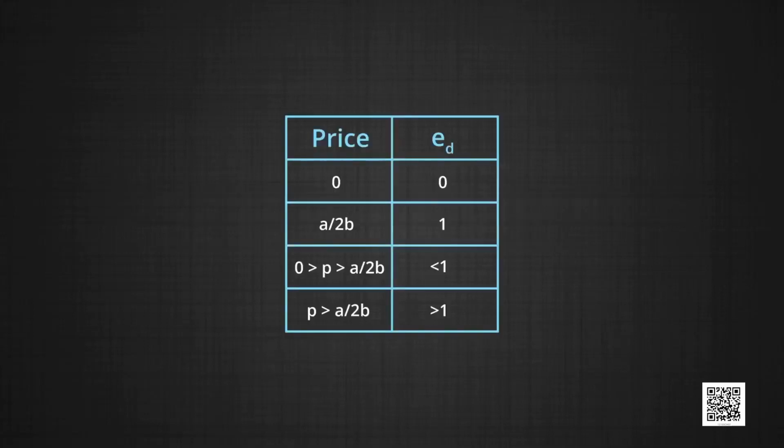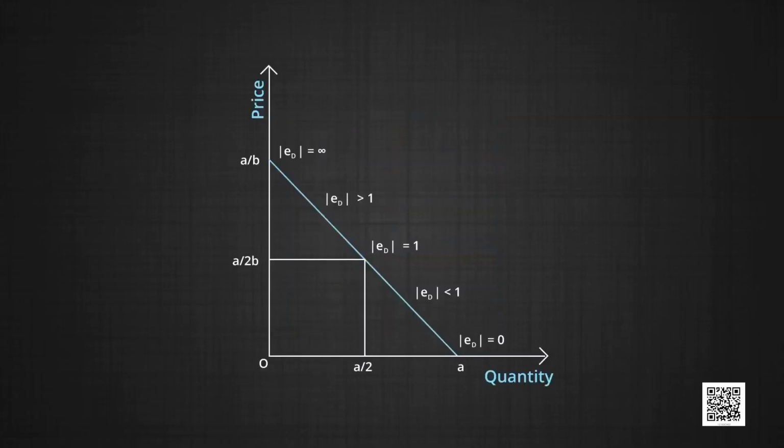The table presented here shows the elasticity for various prices observed for this demand function. The diagram that follows depicts the same graphically. So, what is ED when Q equals 0? You can see from equation 3 that it will be minus BP divided by 0, which is infinity.